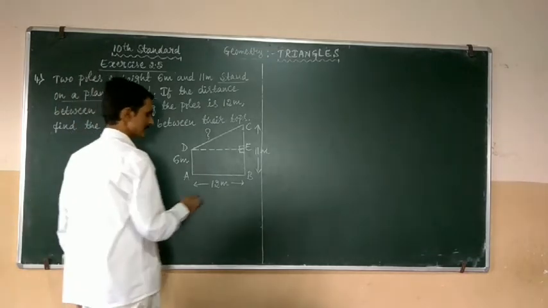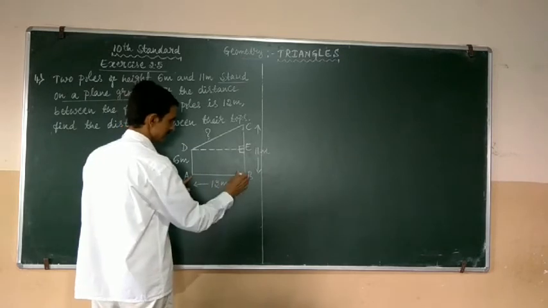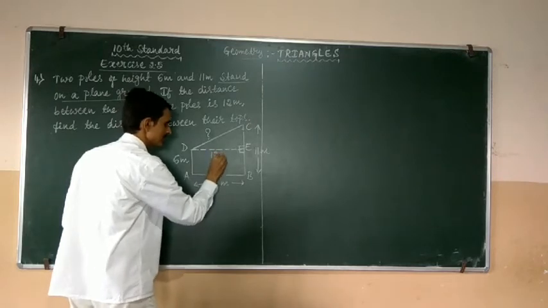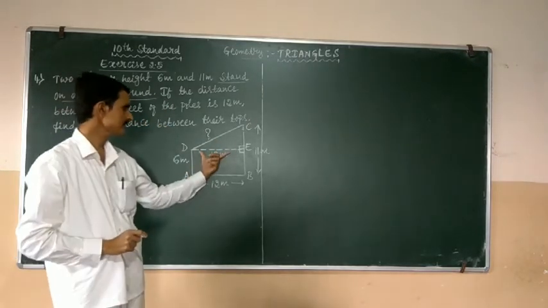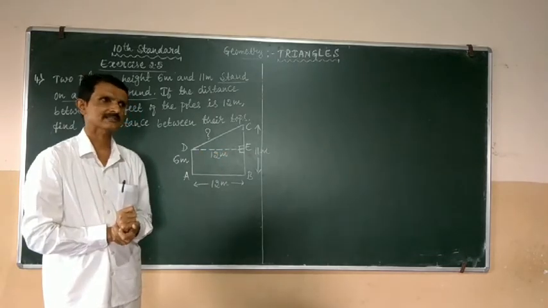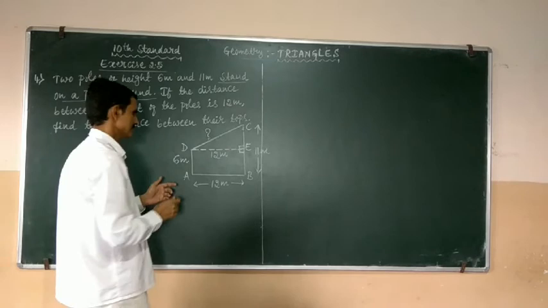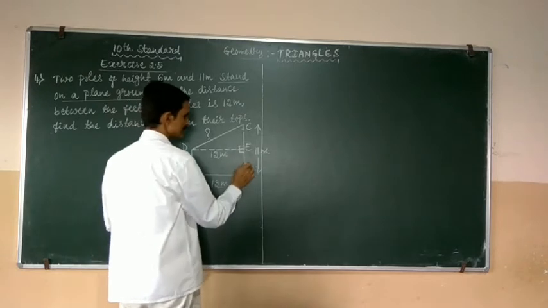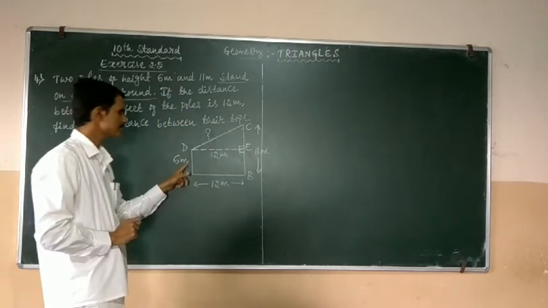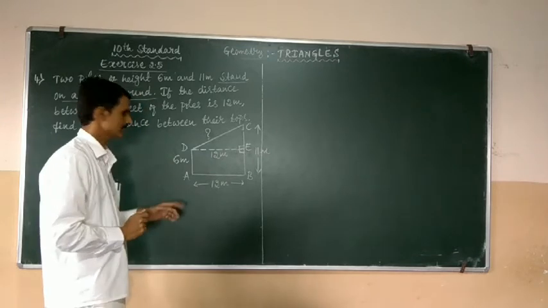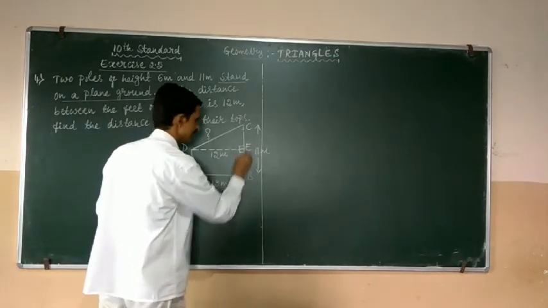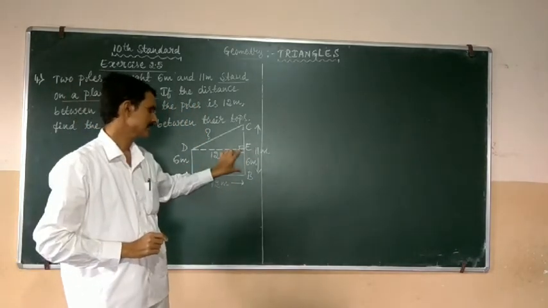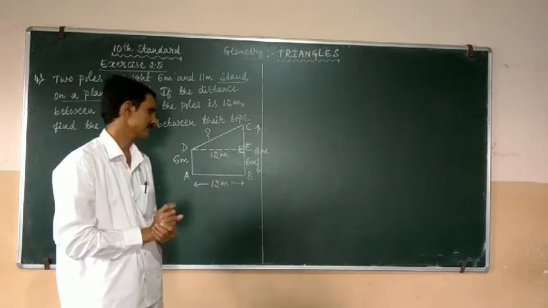Therefore, the side AD is parallel to side BE, and these two sides are equal. If AD equals 6 meter, then BE is also 6 meter.